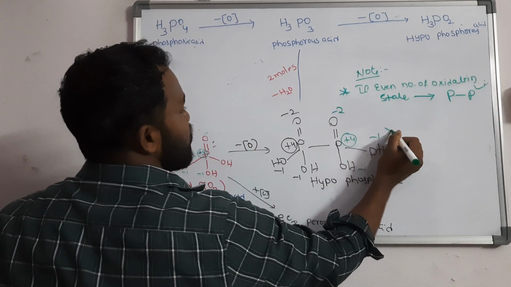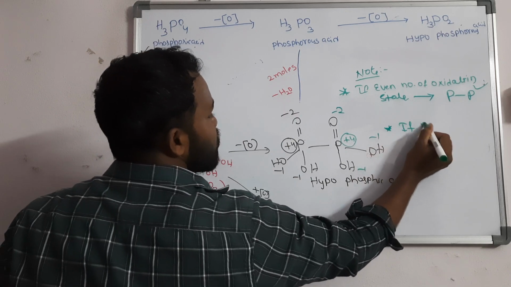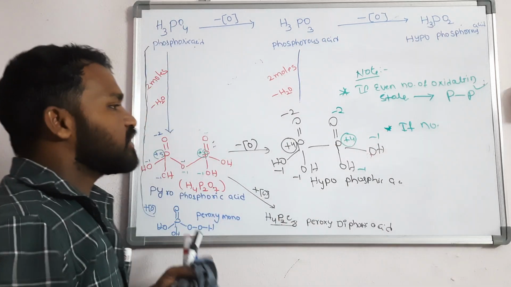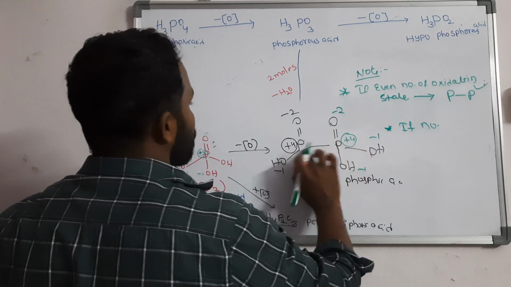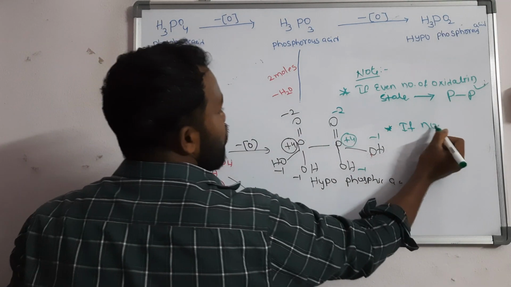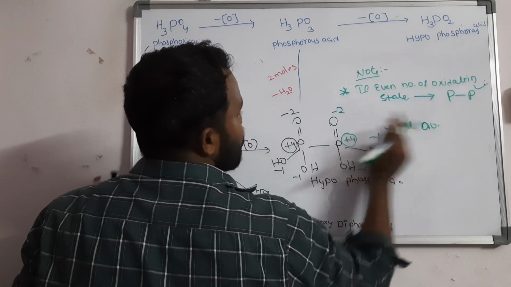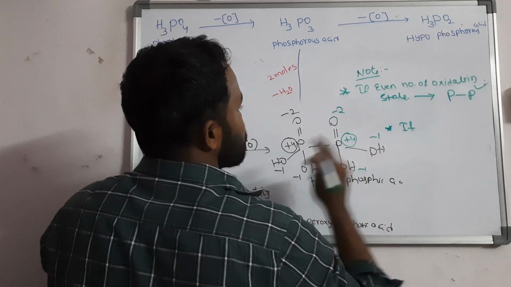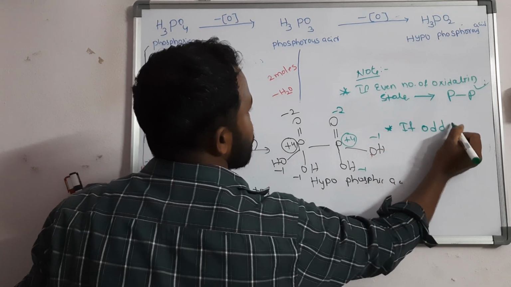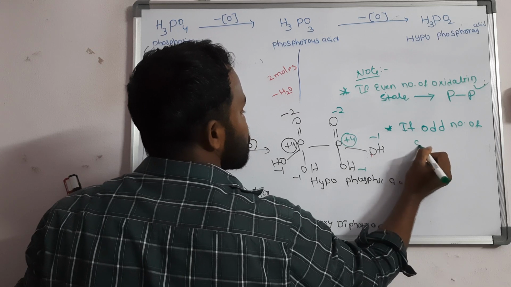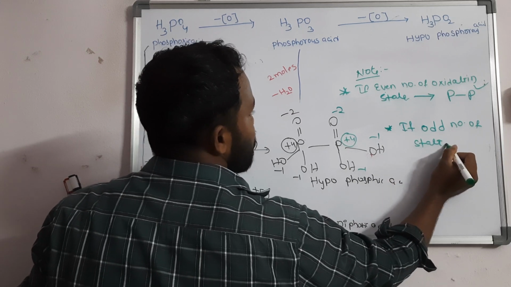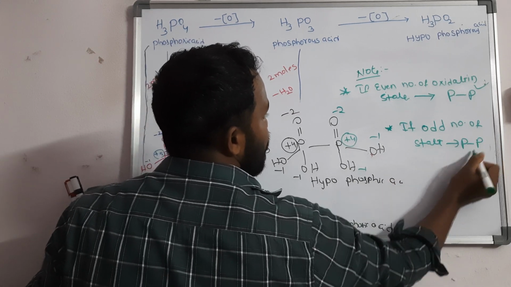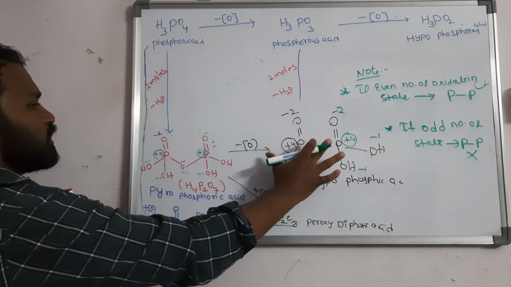Even number means +4, +4, PP bonds are present. If it is an odd number, that is +1, +3, +5, the compound does not contain PP bonds. Simply you should remember it like this.